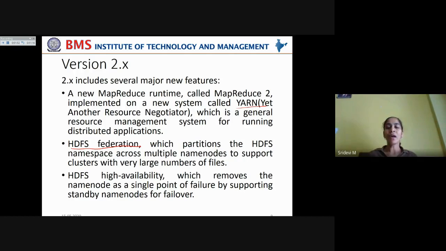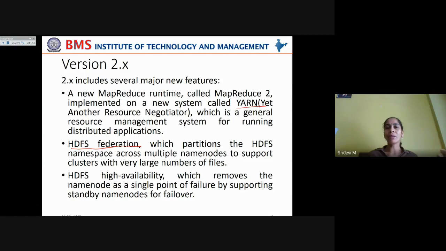Now HDFS High Availability removes the name node as a single point of failure by supporting standby name nodes for failover. So if a name node fails, what will happen? Normally for one particular root of file system, one name node will be maintained. Say if that name node fails, you should not lose the entire metadata about the data nodes, right?